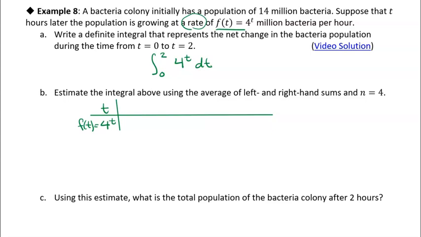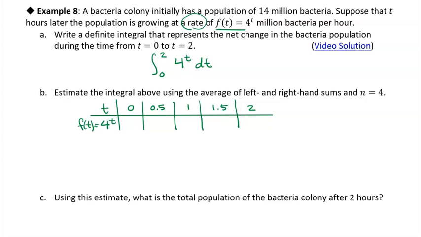Every subinterval is going to be a half, right? So I'm going to have 0, 0.5, 1, 1.5, and then 2. Those are my subintervals. So I get 4 subintervals. Notice I have 5 values, right? I need 5 values to have 4 subintervals.